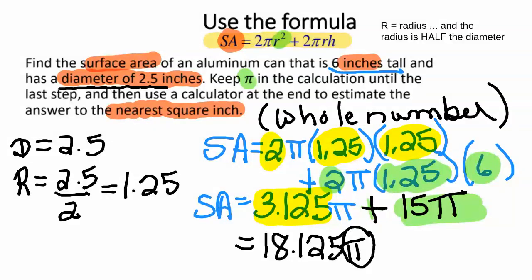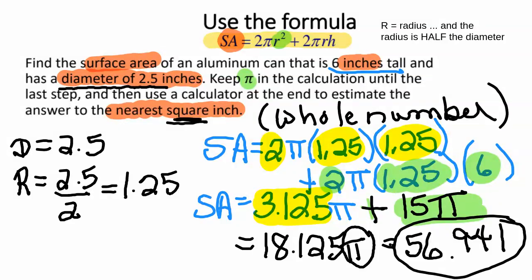So you're multiplying 18.125 times pi. Well, this will give me 56.941. But I need a whole number. This is going to round to 57.